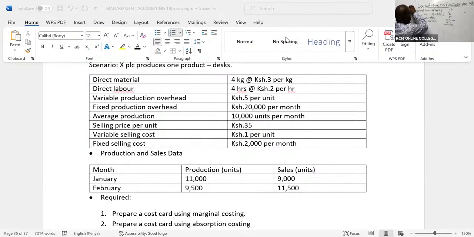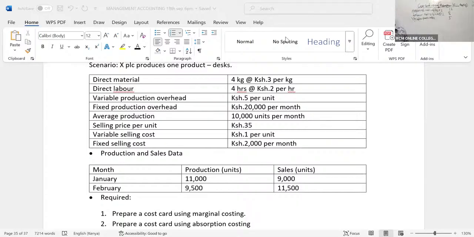So number 2, I'm doing a cost card this time round using what we call absorption. Remember, your examiner at times will use different words. Instead of absorption, your examiner can easily use full costing. Remember, under full costing, we shall consider variable production cost and the fixed production cost.